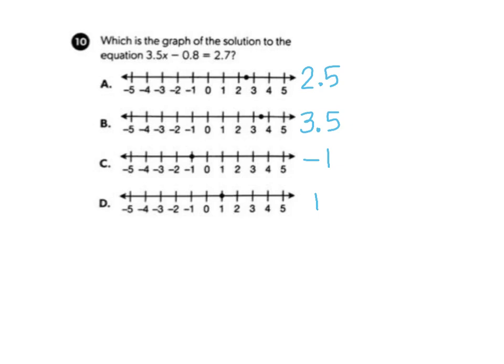So now I'm going to really solve the equation and see which one of these 4 answer choices it really equals. And I'm going to move down to the bottom so I have more space. 3.5x subtract 0.8 equals 2.7. When I solve these equations, I draw a line down the equal sign and then I start working backwards.